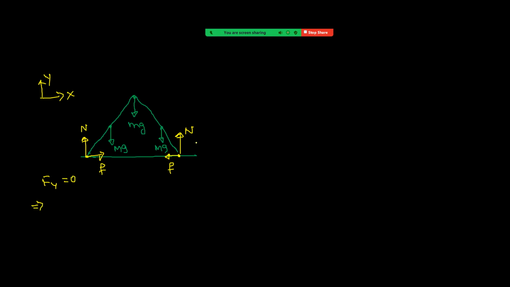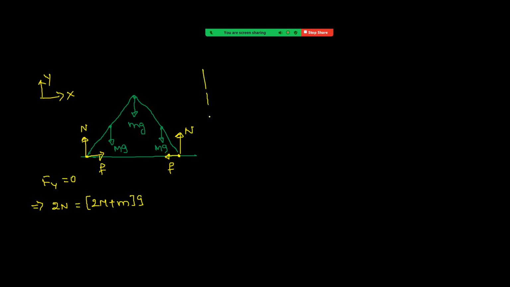Then see what happens. 2N upwards, 2N equal to mg, that is 2 capital M plus small m into g. And from this, N equal to half of this, right?